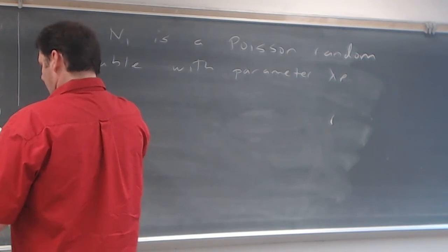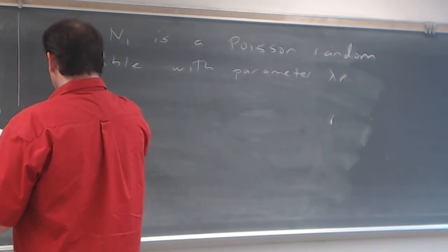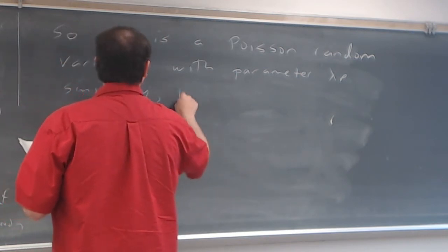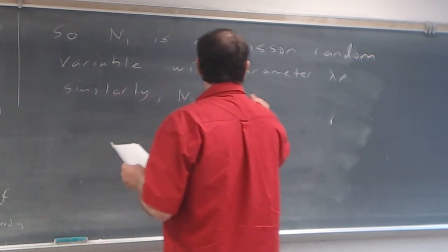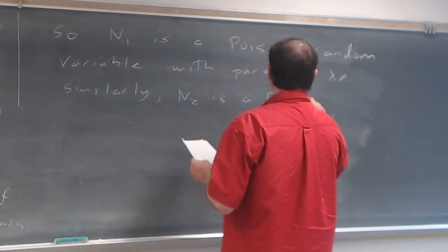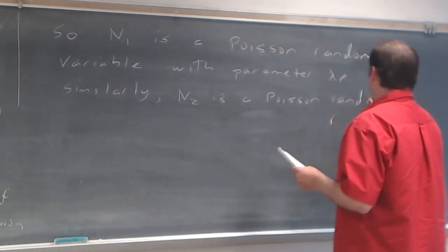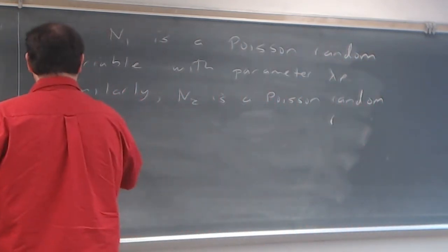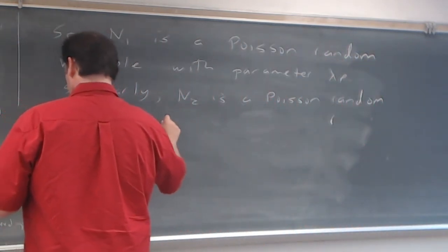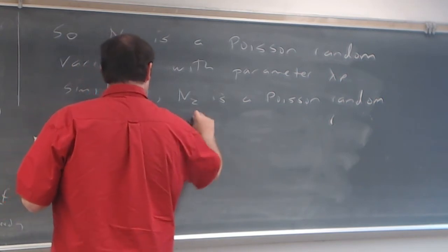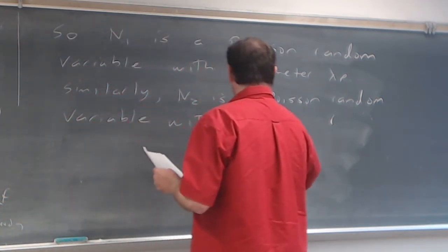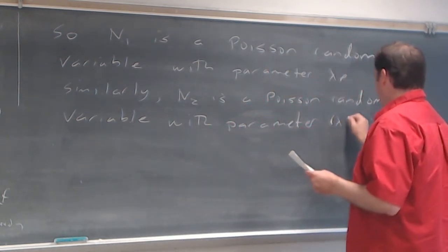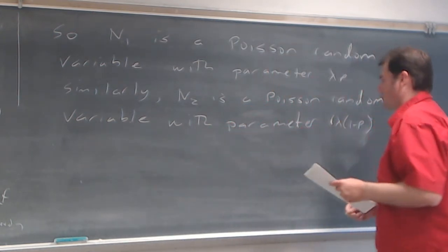Similarly, N sub 2 is a Poisson random variable; doing the same type of work, the parameter would be lambda times 1 minus p.